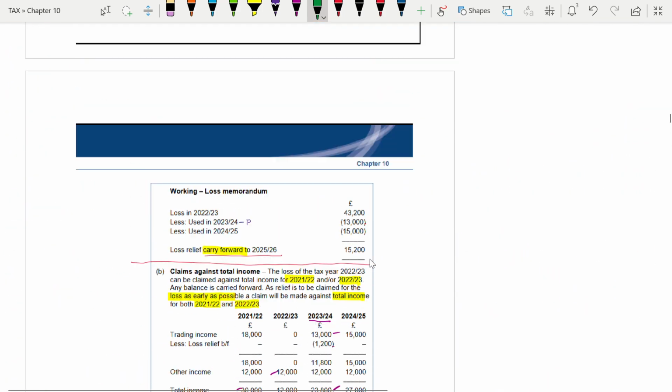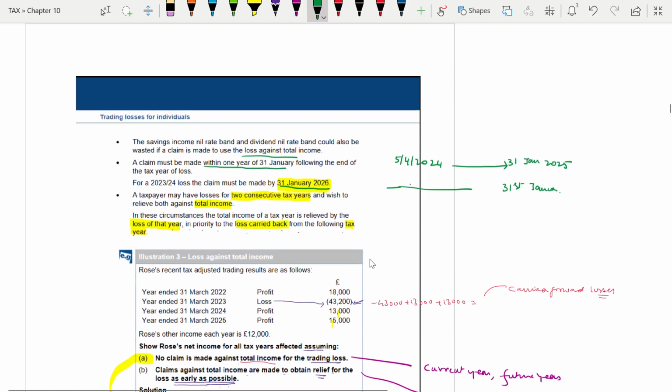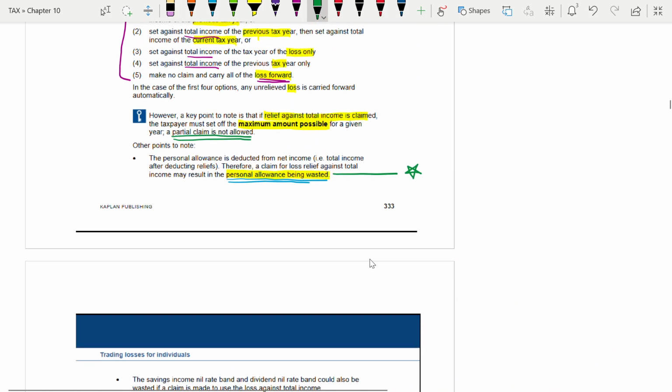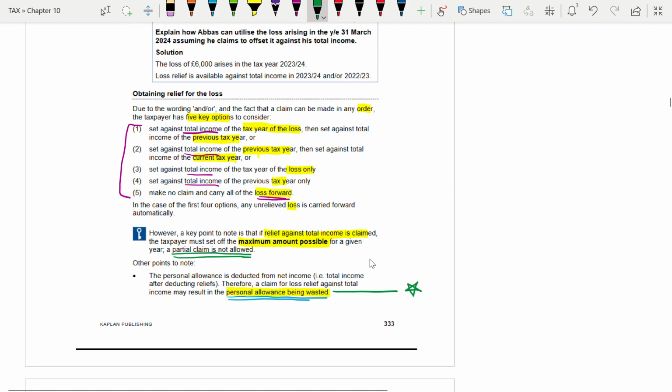Just note down that relief against chargeable gains. Obtaining. Set against total income of the tax year of the loss, then set against total income of the previous tax year. See the things. It is there. Five key options. It is there.